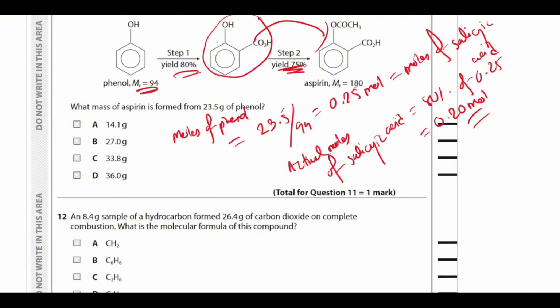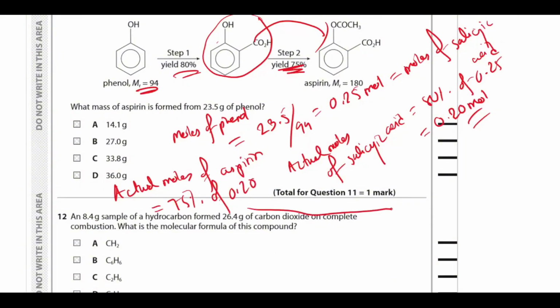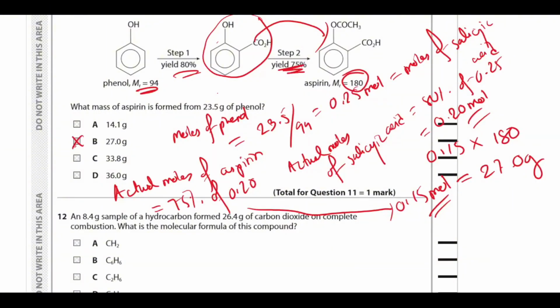Let's find the actual moles of aspirin. All you do is find 75% of 0.20, which would be 0.15 mole. All right, now we know the moles, and we also know the molar mass, so we just multiply this with it. Eventually we'll be getting about 27.0 gram. So most probably our answer would be B.